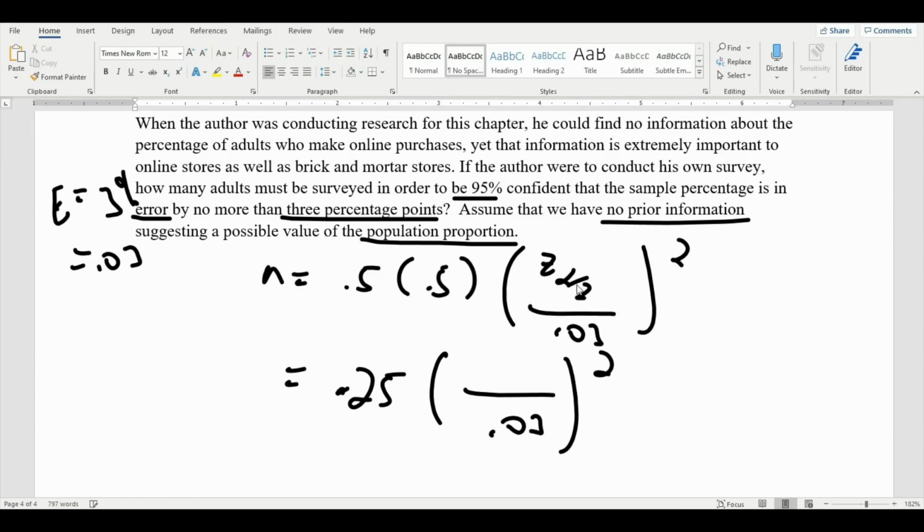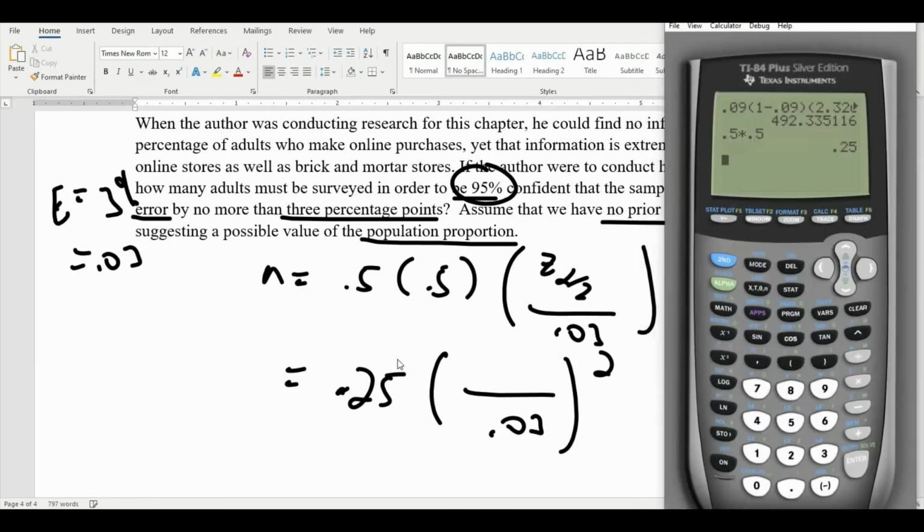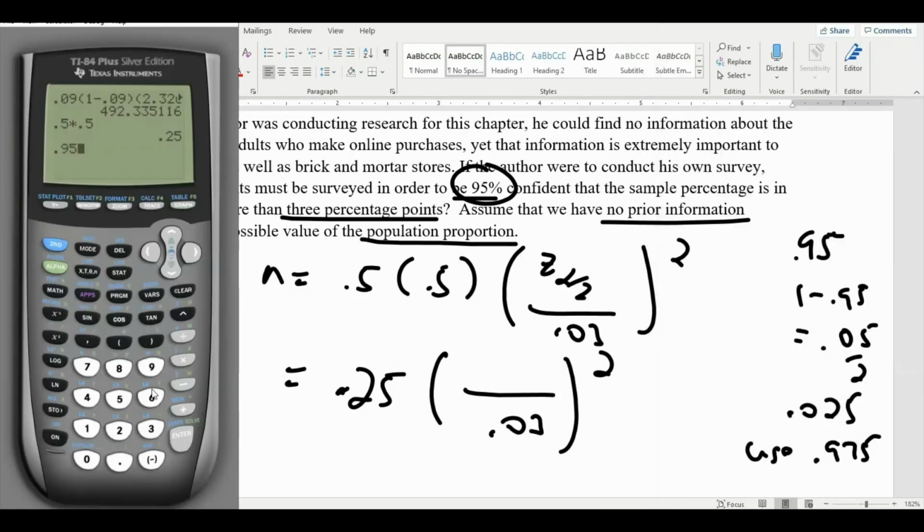So the hardest part, once again, is z alpha over 2. If we have 95%, or 0.95, and you subtract that from 1, you get 0.05, and if you divide that by 2, you get 0.025. And so what you're going to use then is 0.975, because 1 minus 0.95, divided by 2, plus 0.95 gives us 0.975.